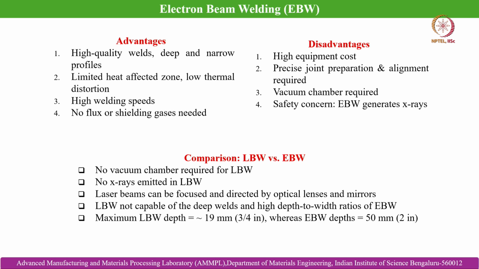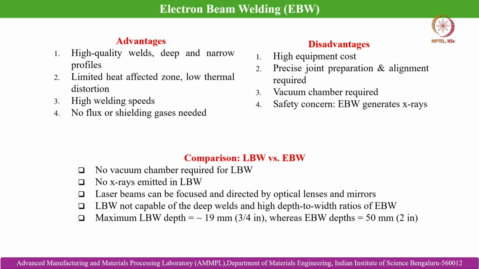Laser beams can be focused and directed by optical lenses and mirrors, whereas in case of electron beam welding the equipment necessary for the generation of the electron beam is much costlier, and LBW is not capable of the deep welds and high depth to width ratio, that also we have discussed. So, the maximum LBW depth is around 19 mm.